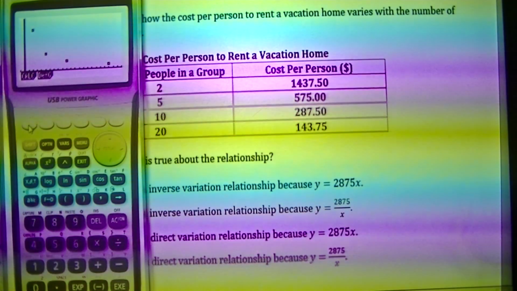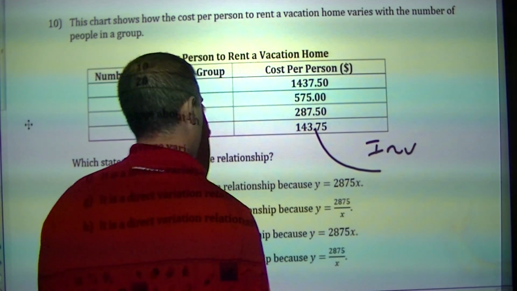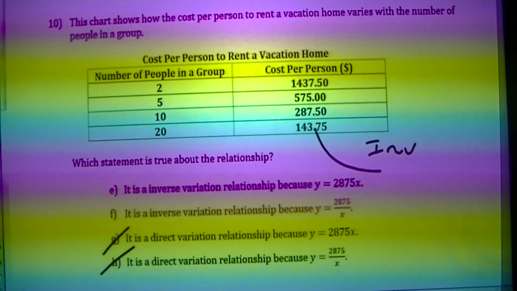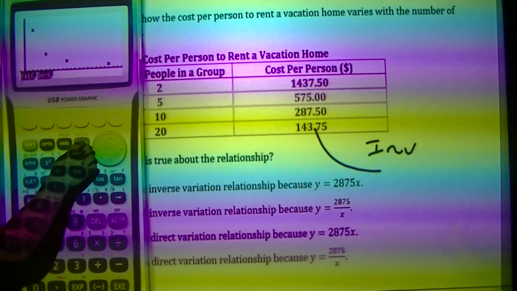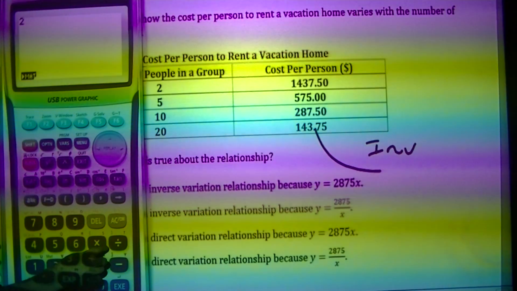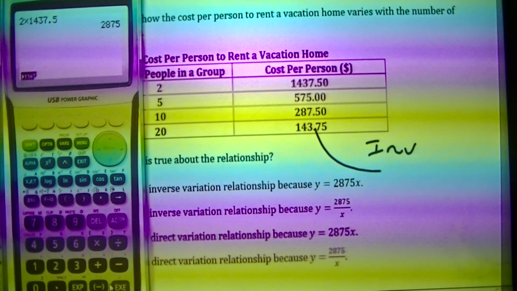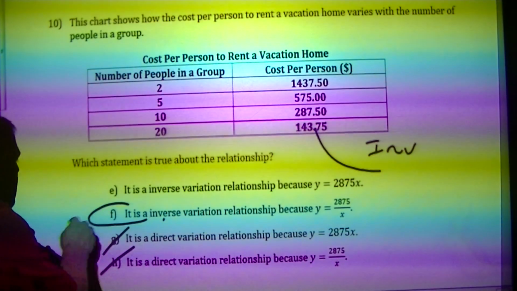Which one's that? That's inverse. It goes like that, it's inverse, all right? So if I'm being a good test taker, these are my two possibilities, these are out. To figure out the equation, I'm going back to menu, 2 times 1437.5, I get 2875. So my choices are that, this is going to be my answer.